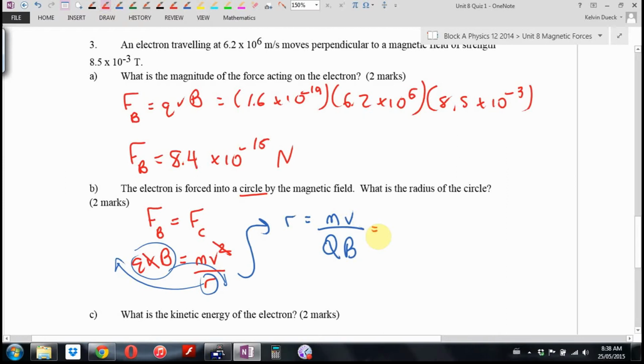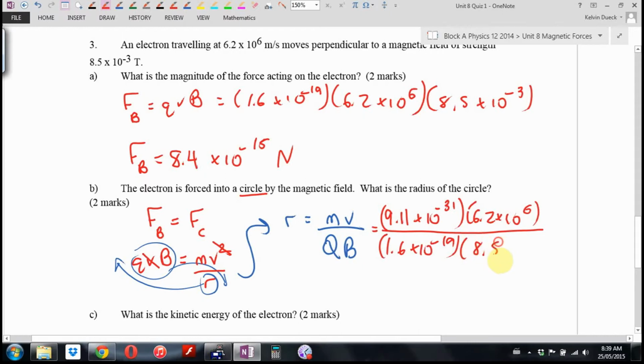It's going to be m, mass, it's an electron, 9.11 times 10 to the negative 31. V, 6.2 times 10 to the 6th. Q, it's an electron. Magnetic field, 8.5 times 10 to the negative 3.